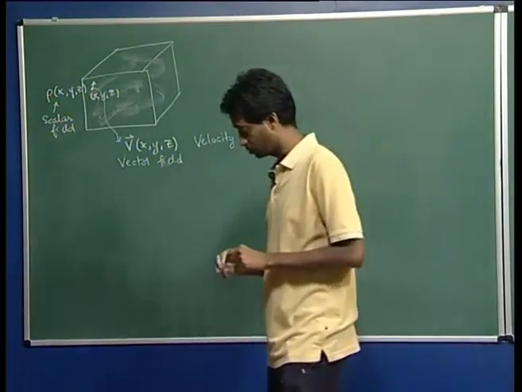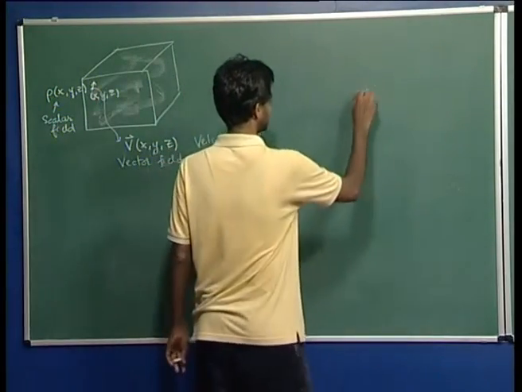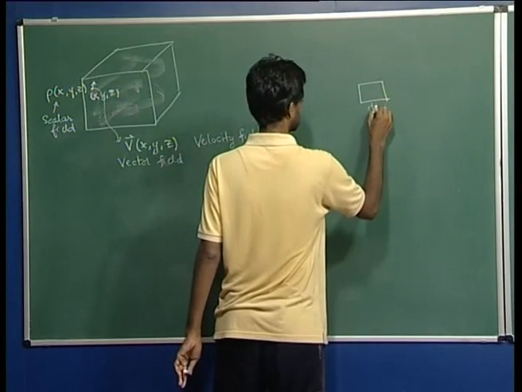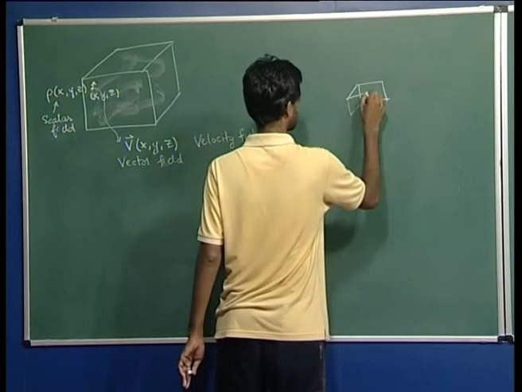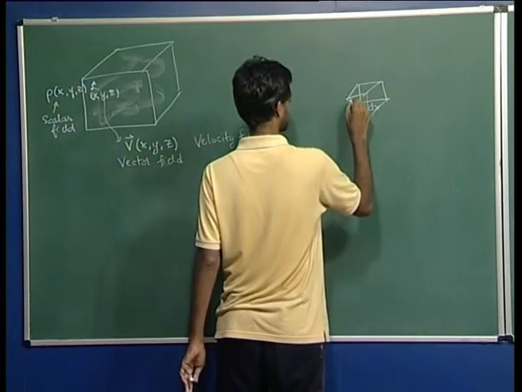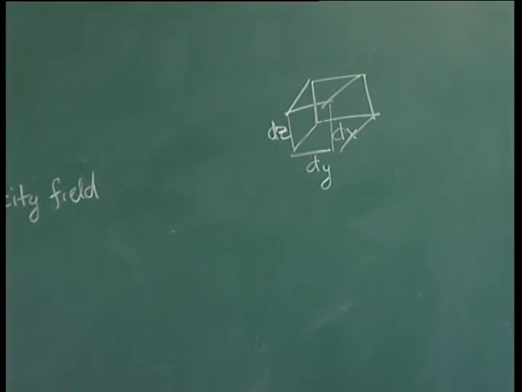Now you can ask a question. Suppose I had a volume, or probably I should use a volume delta x, delta y, delta z.